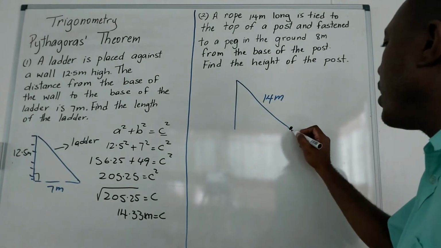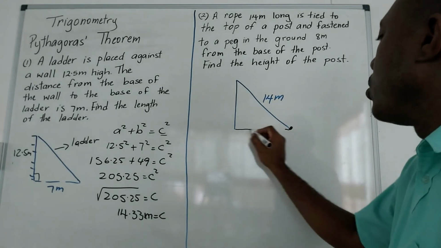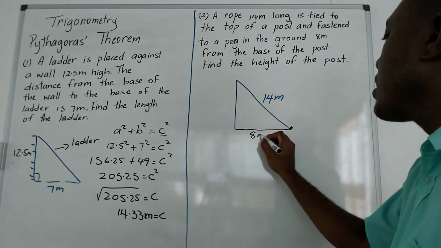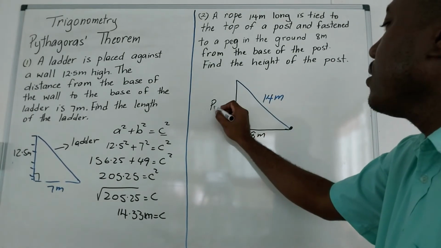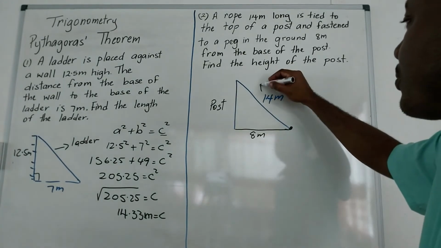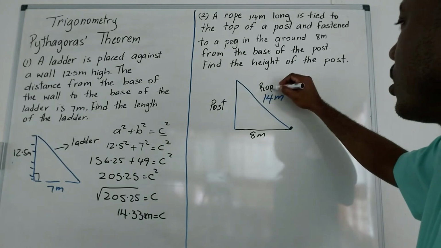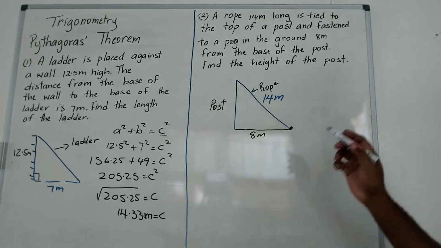That's the peg here, and the peg is 8 meters away from the base of the post. What we are asked to find is the height of the post. So this is our rope, 14 meters long, and that's the post that we need to find.